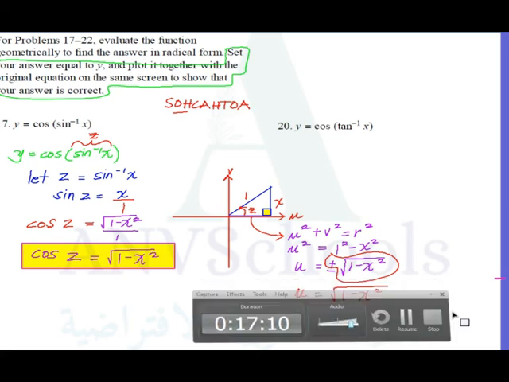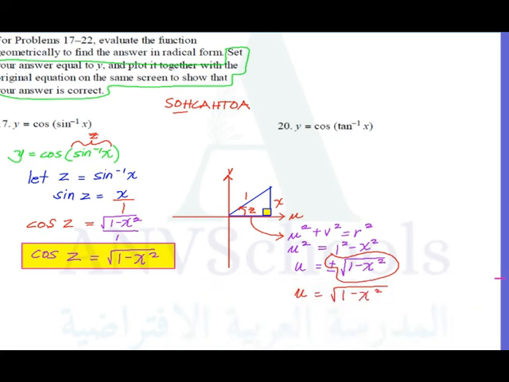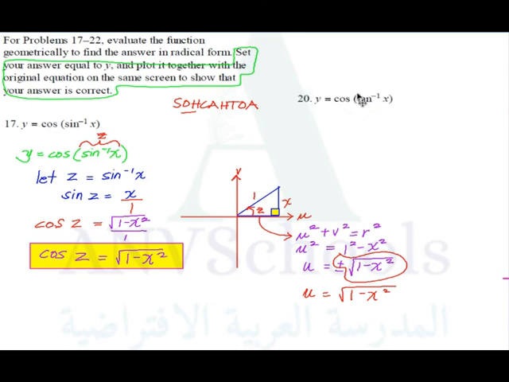Let's go to number 20. And number 20 is y is equal to cosine of tangent negative 1 of x, or the inverse tangent of x. So let's say our argument there is z, so that is actually cosine z that is missing.